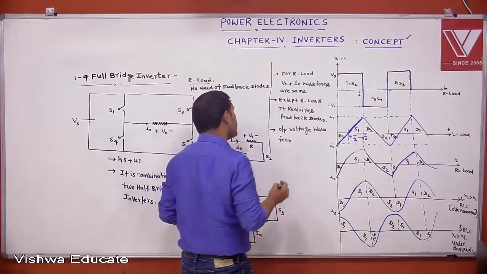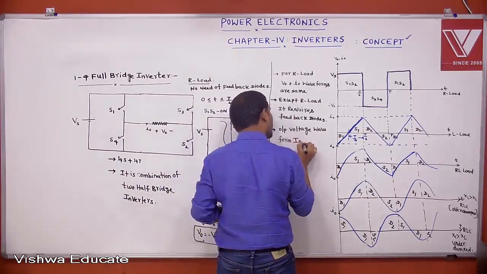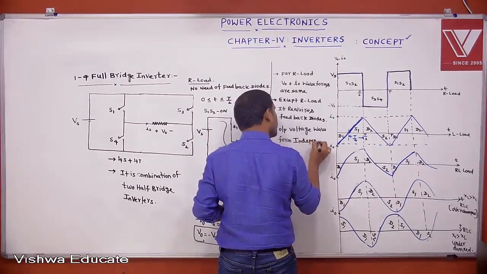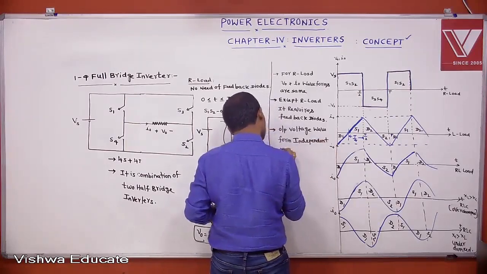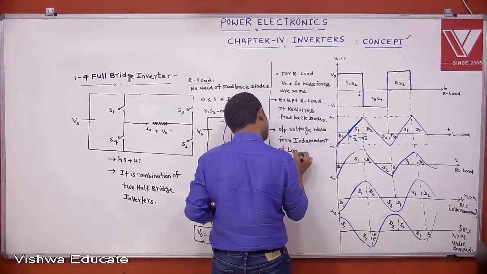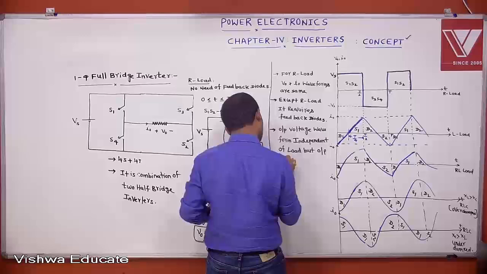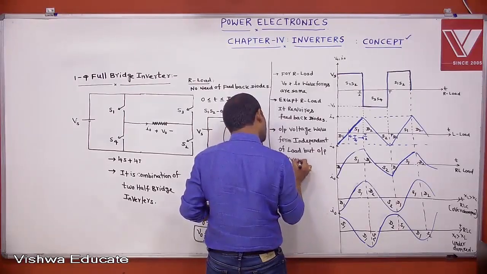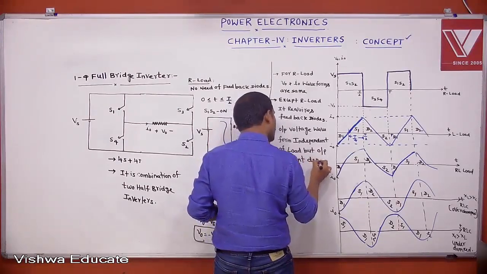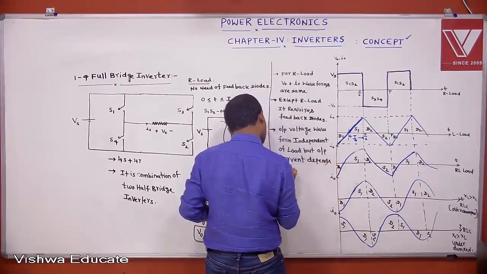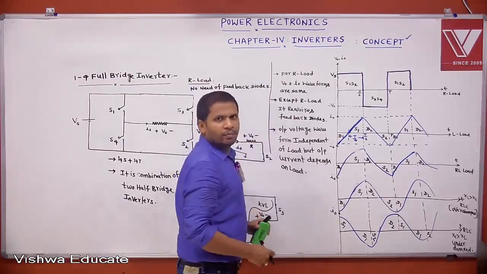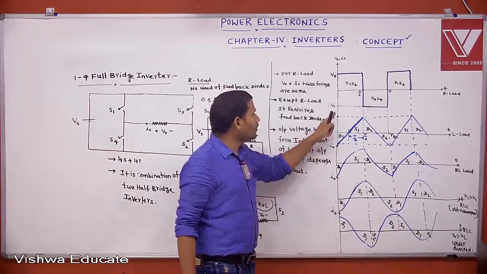Output voltage waveform is independent of load, but output current depends on load. That means based on load, the output current waveforms are changed.